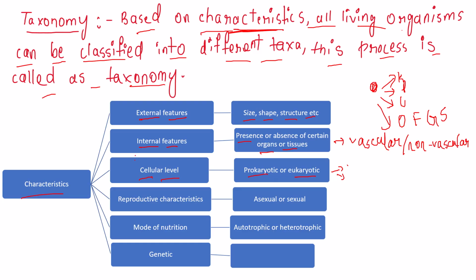Next, reproductive characteristics, asexual and sexual, and mode of nutrition. Some are heterotrophic, some are autotrophic. If you see the plant kingdom and animal kingdom, we can see various differences between both of them, the major one being autotrophic and heterotrophic. So this is also included.